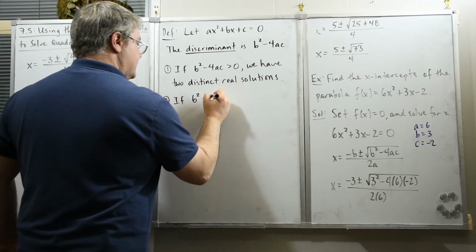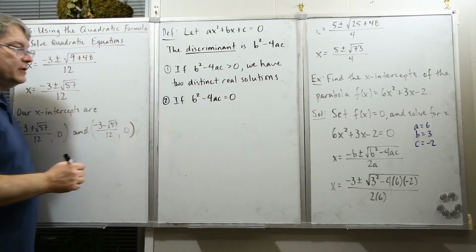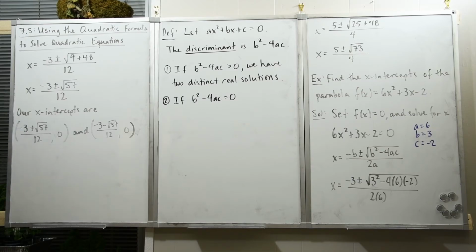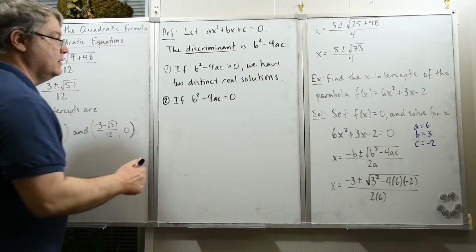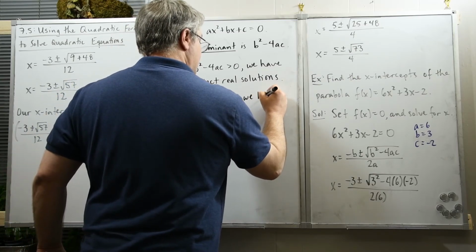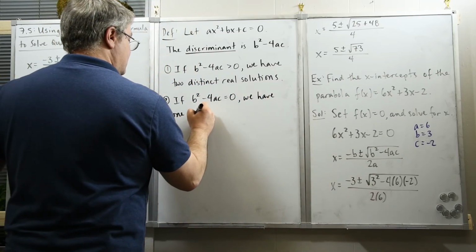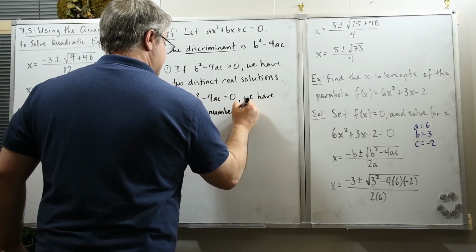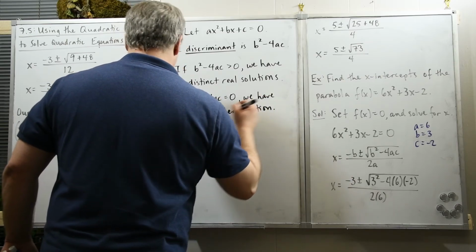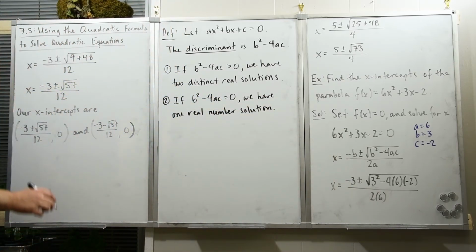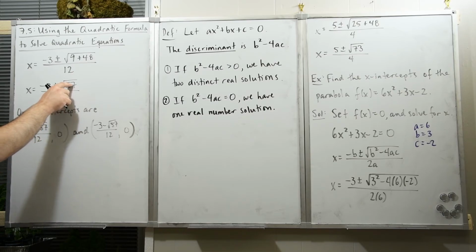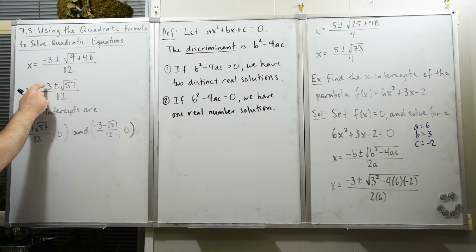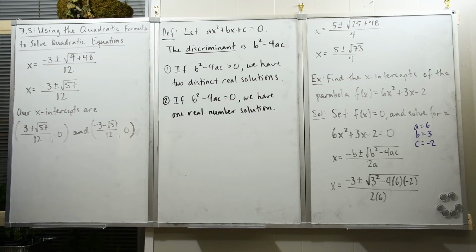But there is the possibility that b squared minus 4ac is equal to 0. And if that's the case, we have one real number solution. Because imagine what would have happened if instead of 57 we had 0 here. We'd have -3 plus 0 over 12, and -3 minus 0 over 12. Now, both of those would have reduced down to the same number.